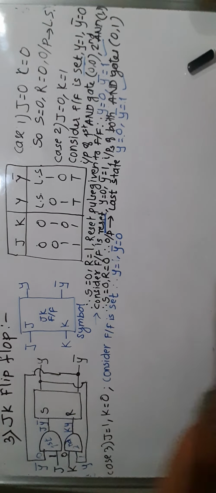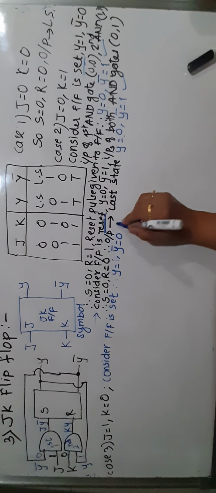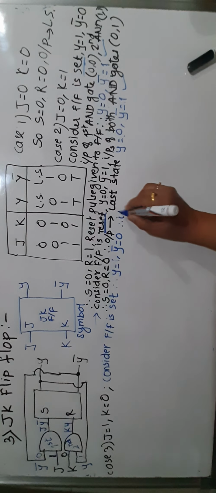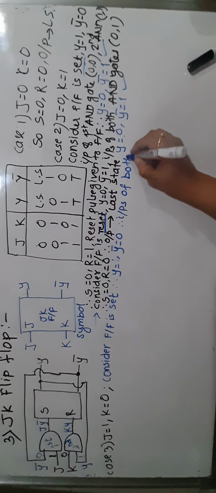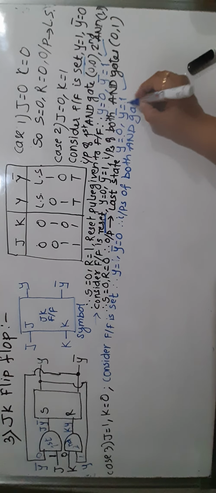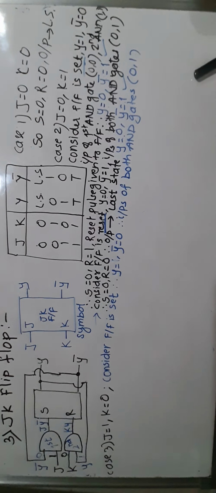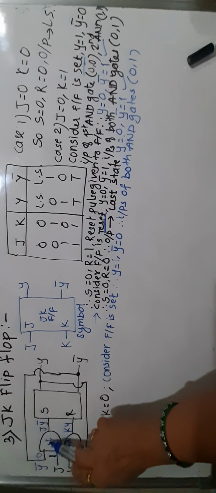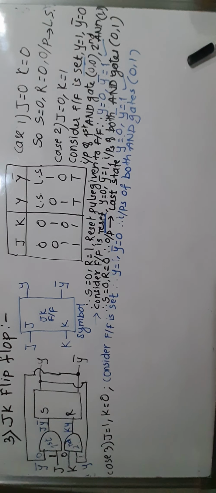Now we can see inputs of both AND gates are 0, 1. So due to this, as these are AND gates, if one of the input is 0, output will be 0.